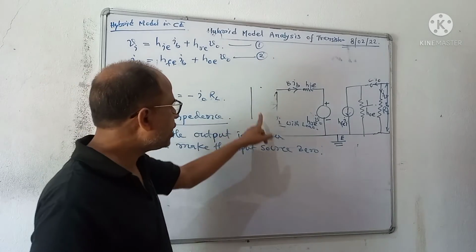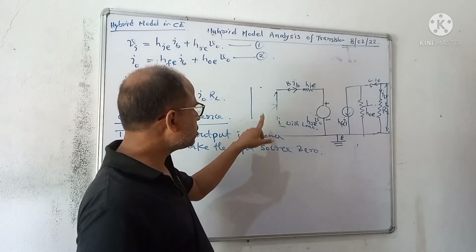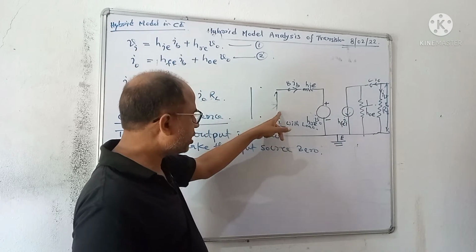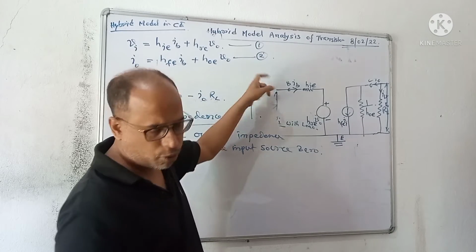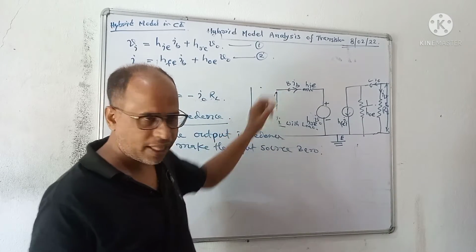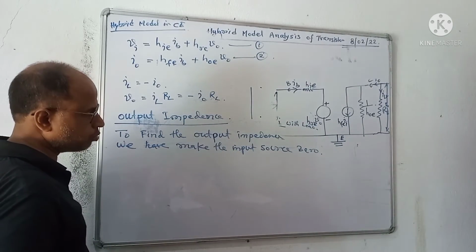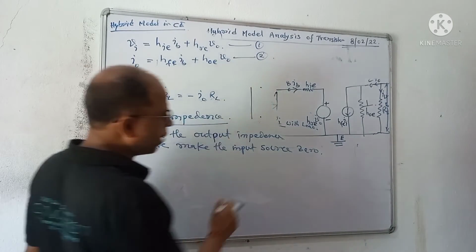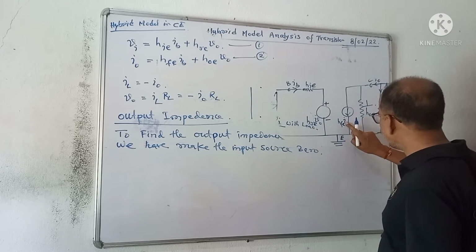Open circuit means infinite resistance, so current will not flow. And for a voltage signal, short circuit, if there is short circuit no voltage drop. Okay, therefore input source has to be 0. Therefore here, the input is IB.